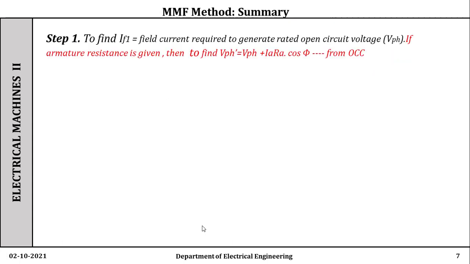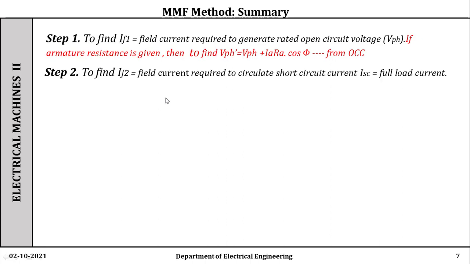After summarization, step 1 is how to find the IF1. IF1 is nothing but the field current required to generate rated open circuit voltage per phase. Or if the armature resistance is given, then find out the field current required to generate rated voltage V dash PH, and that is given by VPH plus IRA cos phi from the OCC. Now step 2, to find IF2, that is the field current required to circulate short circuit current equal to full load armature current.